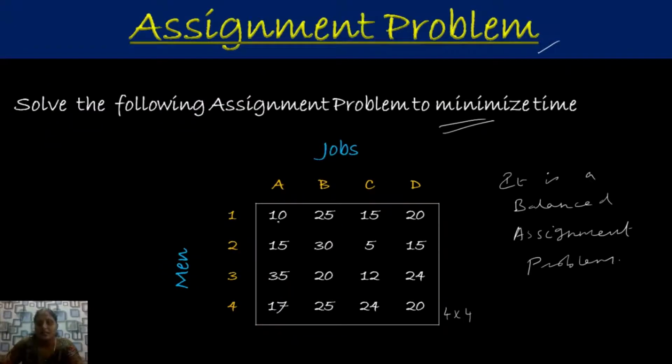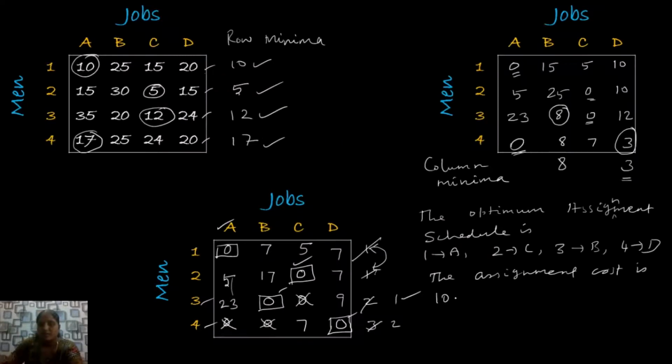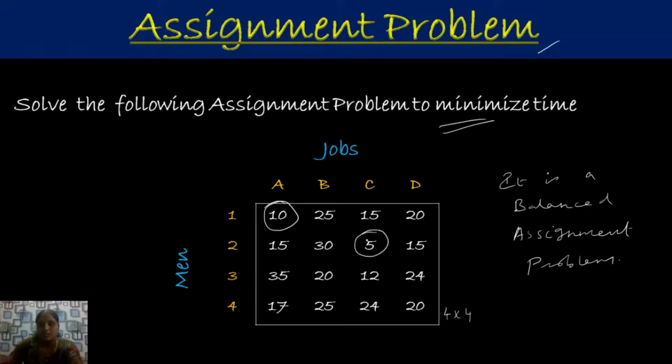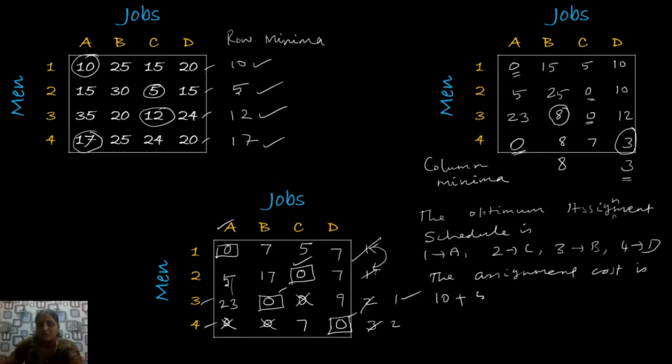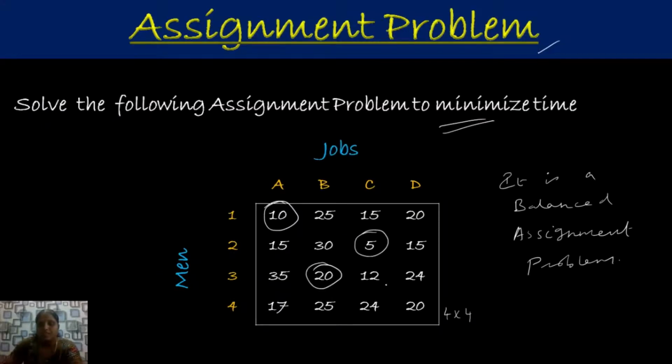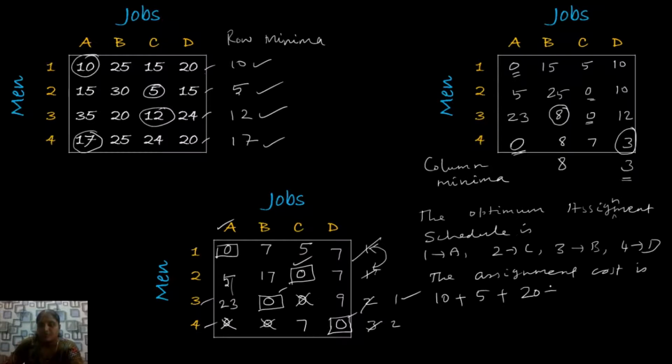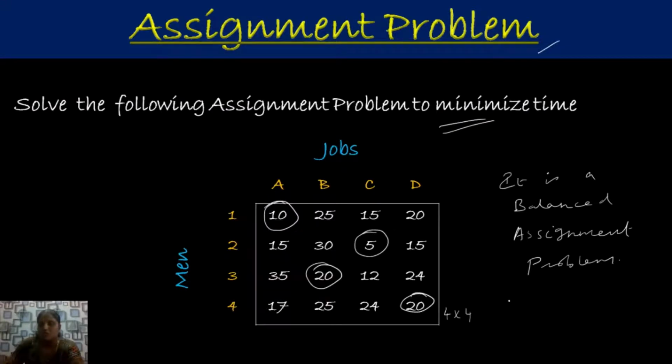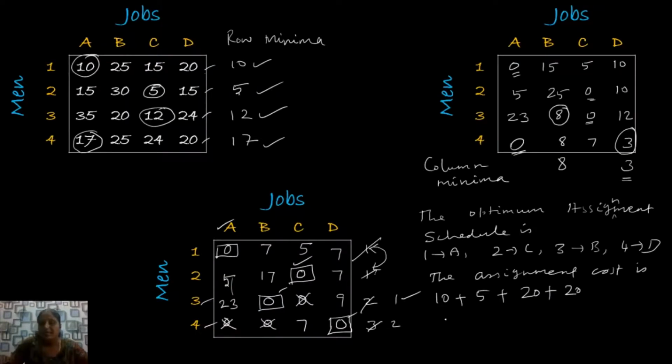So 1 to A, the cost associated with that is 10, plus 2 to C, the cost is 5, plus 3 to B, which is 20, and 4 to D, which is also 20. By adding all these values, we get 10 plus 5, 15, plus 20, 35, plus 20, 55. Totally 55 man hours.